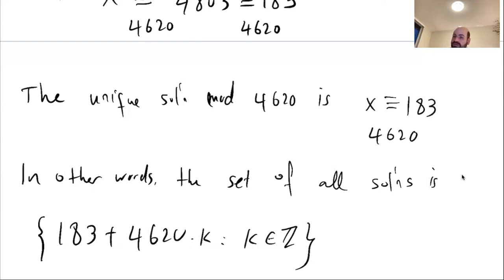And also any multiple of 4,620 is 0 mod 4,620. So if I add 4,620 itself or any multiple of it to my solution, I still get a solution which is congruent 183 mod 4,620. So if you want the set of all solutions, you can write it in this form.